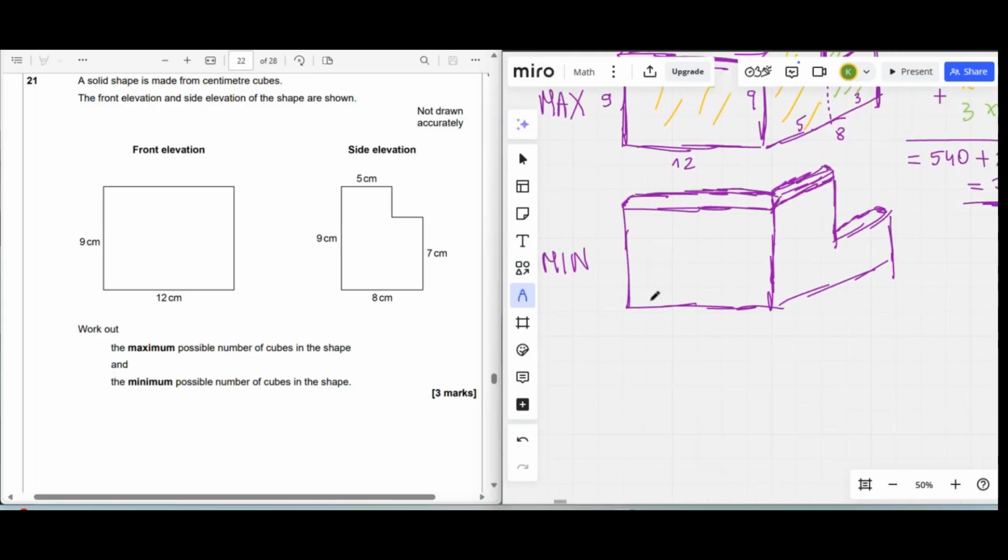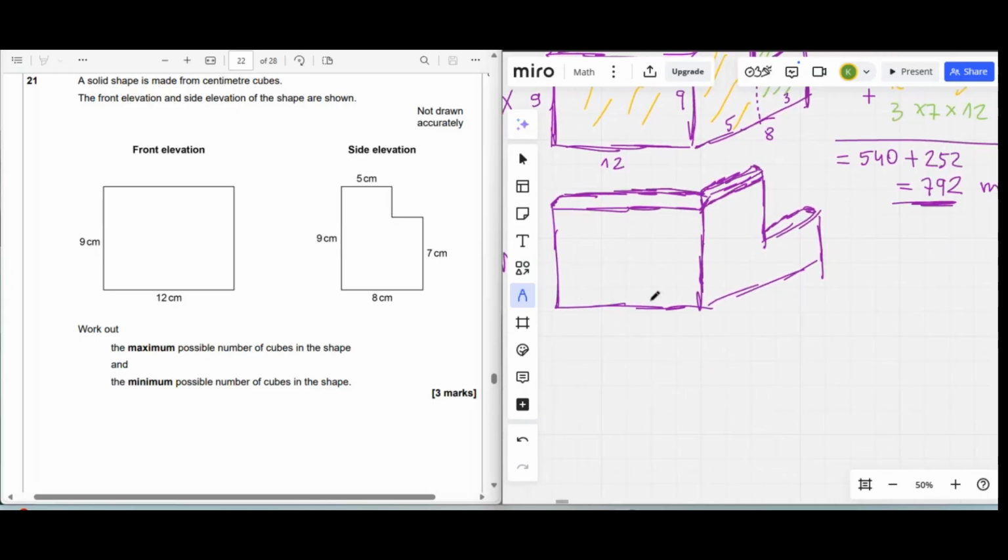Now the minimum. How to approach this? I think we need 3 parts.